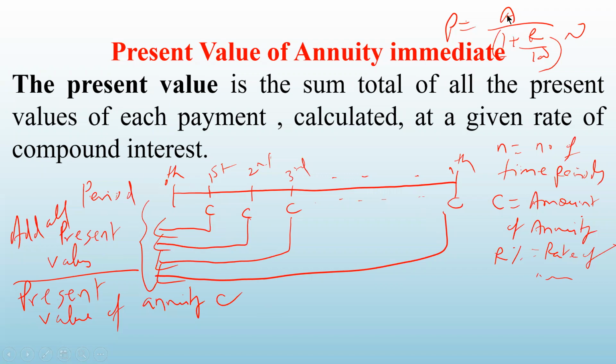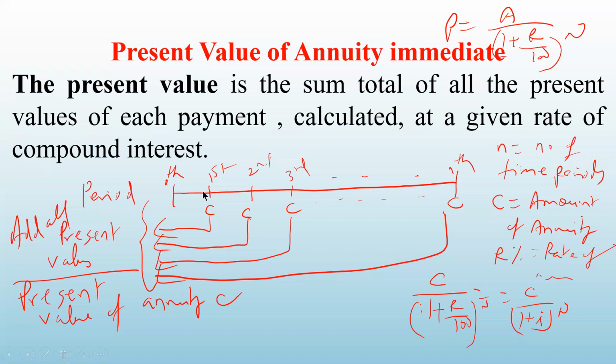The formula for the present value is A divided by (1 plus R upon 100) raised to power n. So for this, A will be C. So C divided by (1 plus R upon 100), R upon 100 means I, raised to power n. So C divided by (1 plus I) raised to power n.